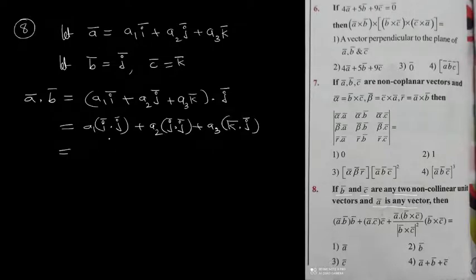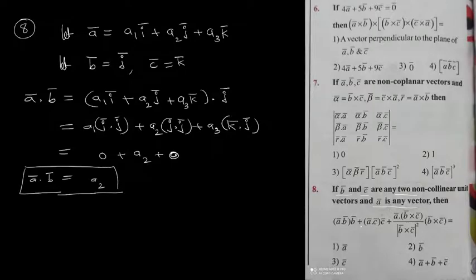Here I bar dot J bar is 0, so the first term is 0, the second term is A2, and the third term, K bar dot J bar, is 0. Therefore finally A bar dot B bar is A2.